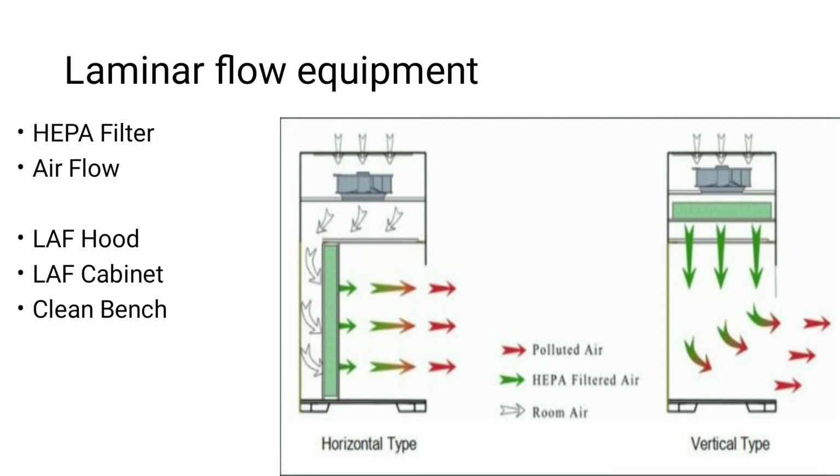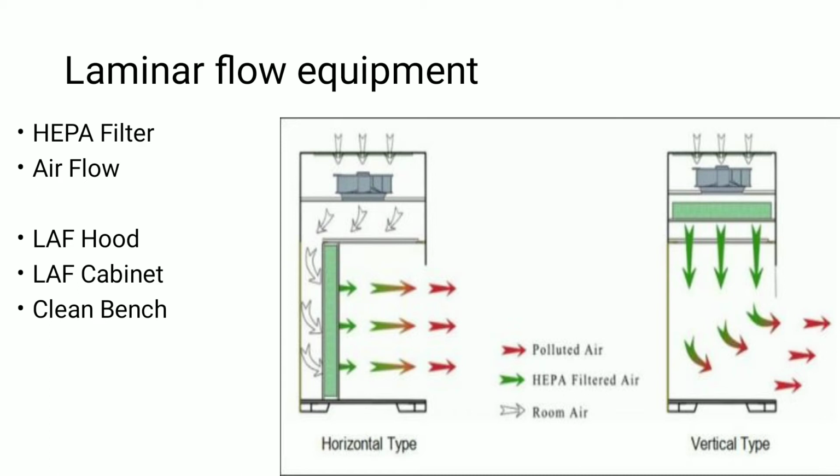equipment. Laminar flow equipment is taking an important part, playing an important role in the development or design of an aseptic area. Now laminar airflow equipment is mainly associated with HEPA filter and different types of airflow. So what is HEPA filter?